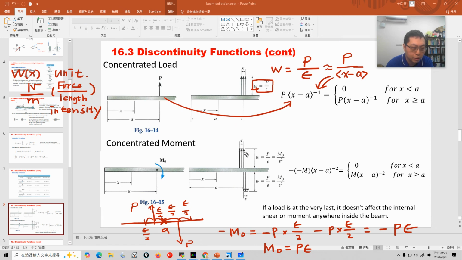So when we try to use the intensity function to describe the force, it's equal to force divided by the length epsilon. This is also a constant and can be viewed as a concentrated load: force divided by the length.